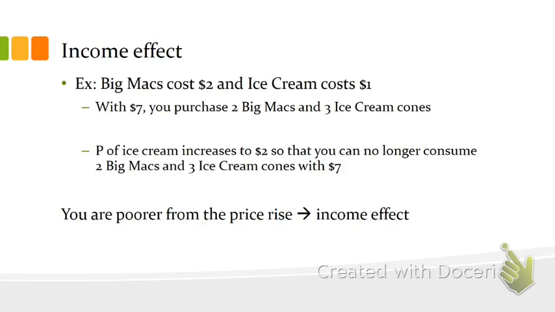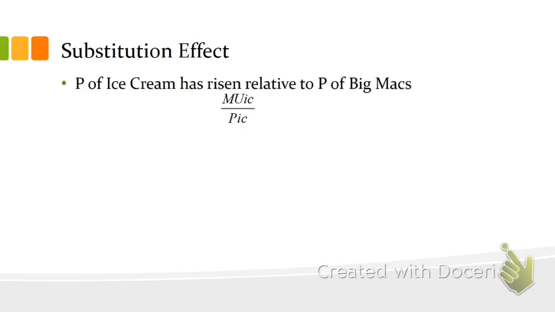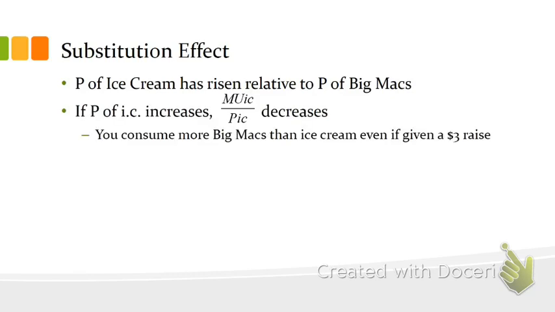Substitution effect. With the substitution effect, the price of ice cream has risen relative to the price of Big Macs. Now my income is not fixed. I can spend more if I want to, right? The price of ice cream has risen, so the ratio of marginal utility to price for ice cream is going to decrease.